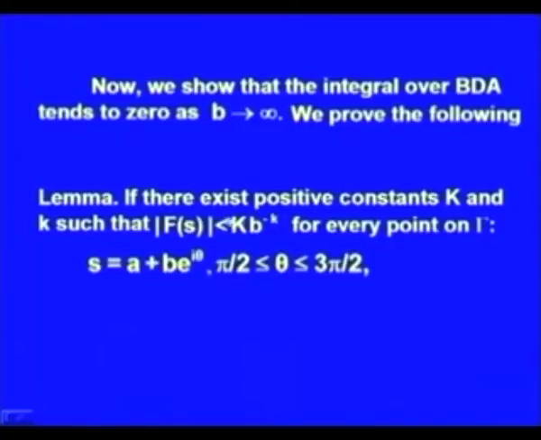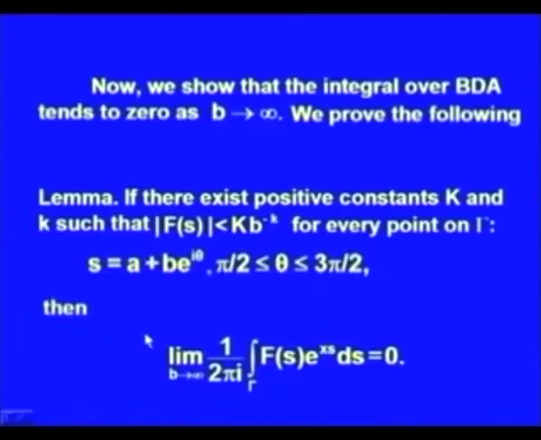Let us show that if there exist positive constants capital K and small k such that mod of f(s) is less than K times b to the power minus k for every point on gamma, which is described by s equal to a plus b e to the power i theta, pi by 2 less than or equal to theta less than or equal to 3 pi by 2, then the limit of 1 over 2 pi i integral over gamma f(s) e to the power xs goes to 0 as b goes to infinity.